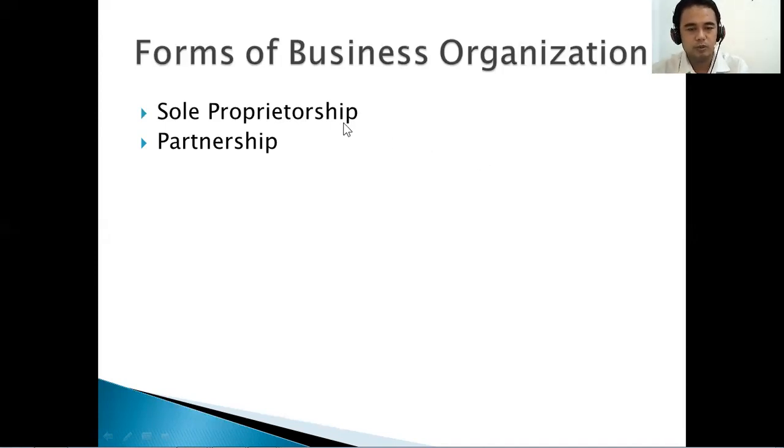If you are a sole proprietor, all of the profits will go to you. But in a partnership, of course, you will divide that among the partners. So that is the disadvantage of partnership. It has advantages and disadvantages.